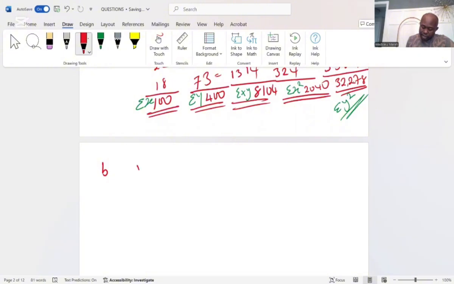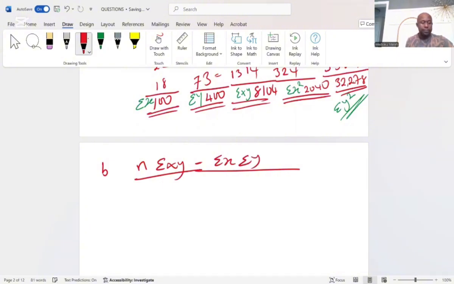The formula is n times sum of xy minus sum of x times sum of y, all divided by n times sum of x square minus sum of x all square. Now, what is n? n is 5.